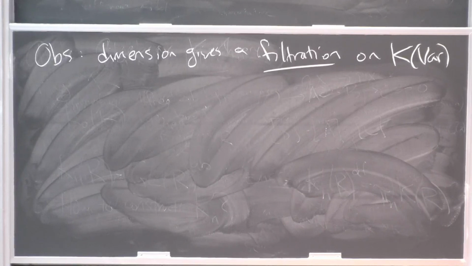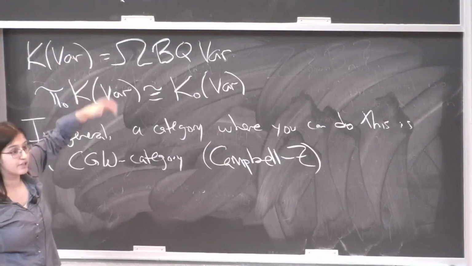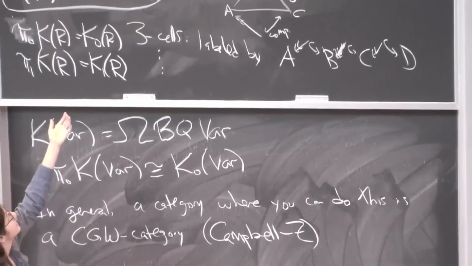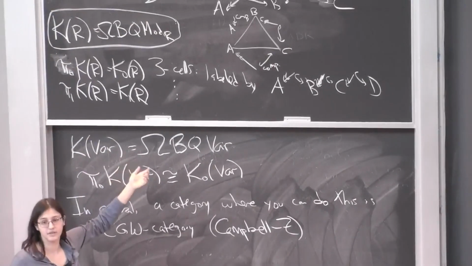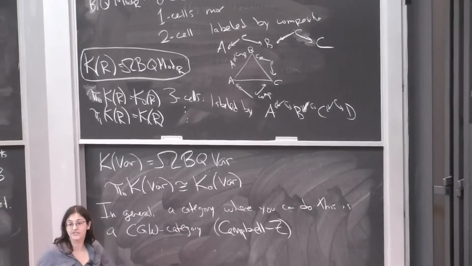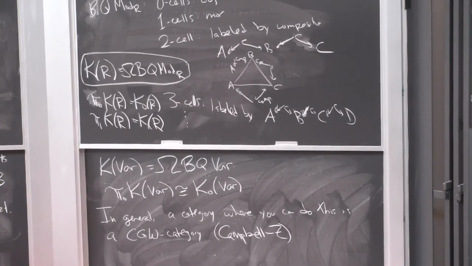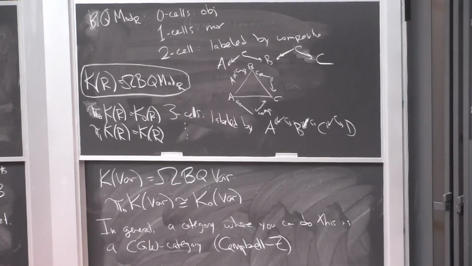And then when you start constructing the B of the category, you have 0 cells labeled by objects. That's a subset. 1 cells are labeled by morphisms. That's a subset. 2 cells are labeled by compositions of morphisms. That's a subset, and so on and so forth. So you get subspaces between the classifying spaces of the categories. And then when you take loops, some loops are going to land in the subspace, and some loops aren't, and that's going to be your subspace.